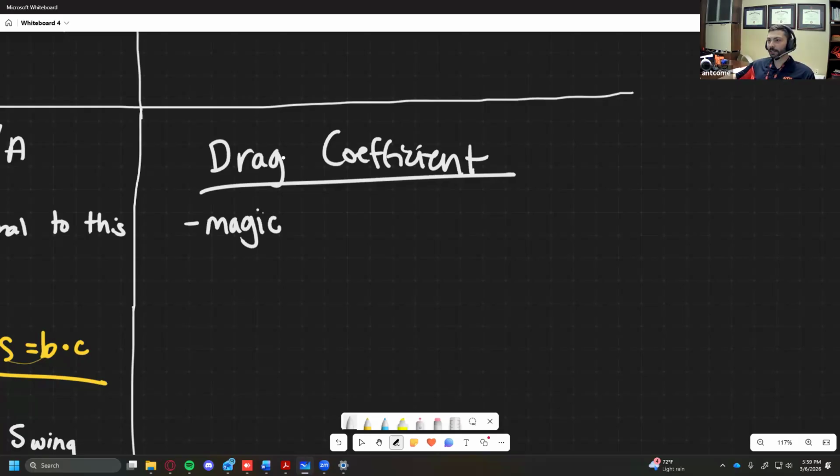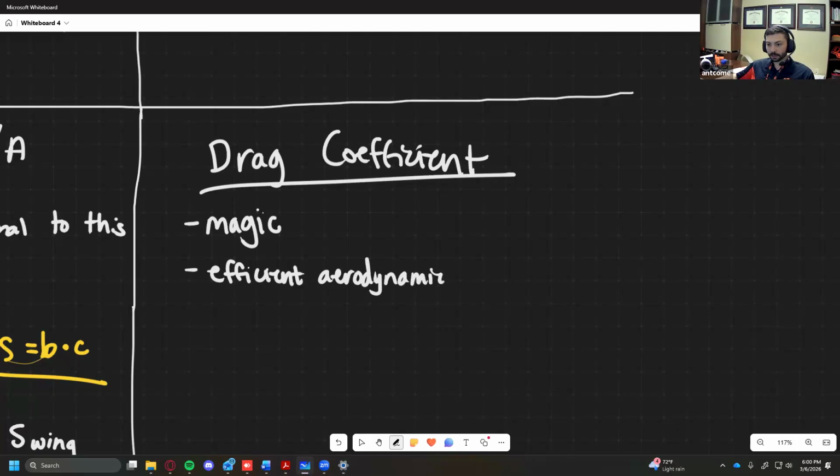We just know it is what it is from experiments. So this is basically a measure of how efficient aerodynamically your object is.